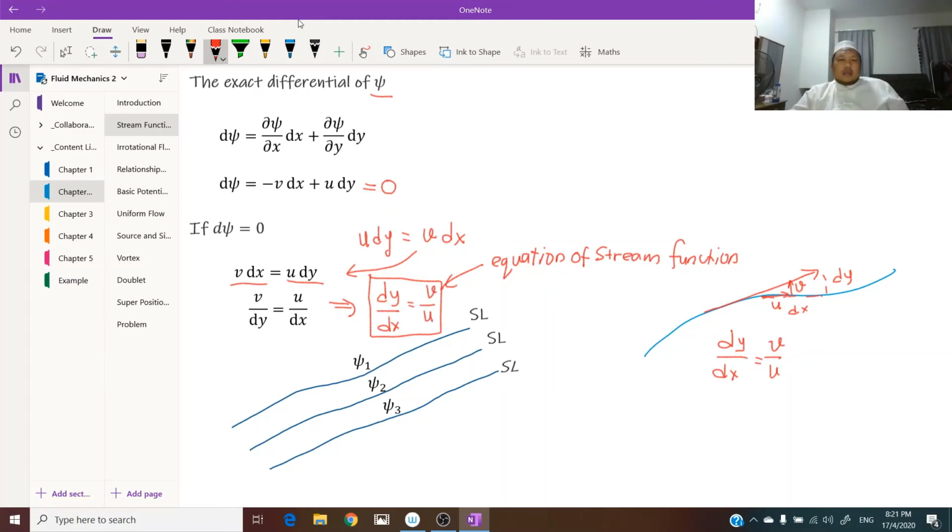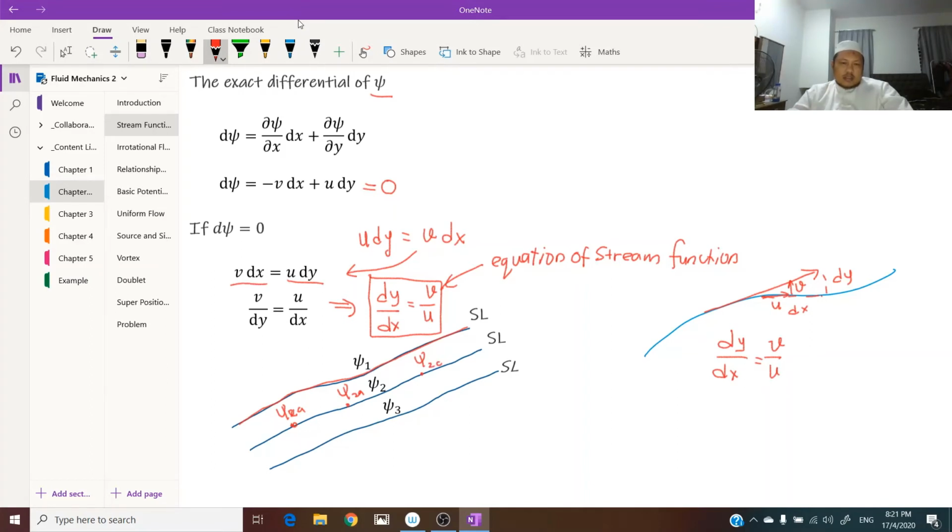Alright. So if that was the case, we can say that along this streamline, the stream function is constant. What it means by constant here is that if we measure here, we call it psi a, take a value here, psi b, and a value here, psi c.